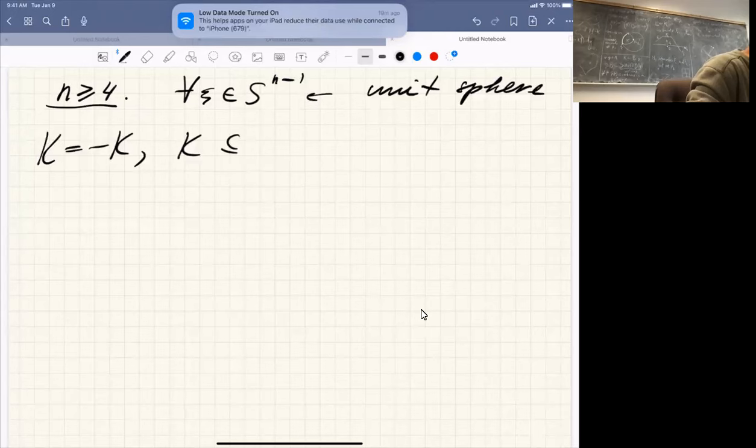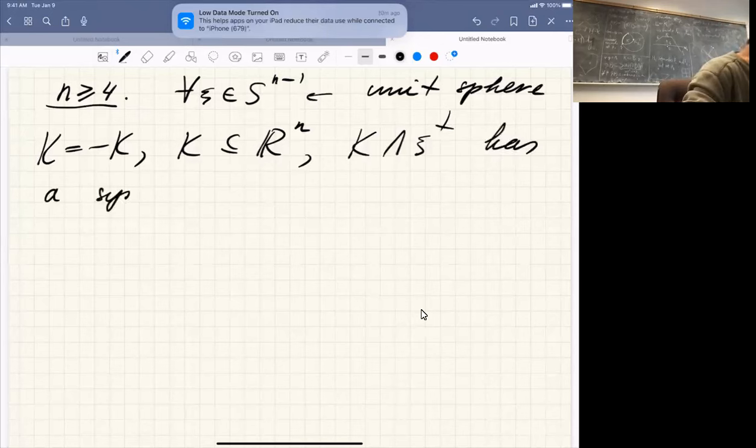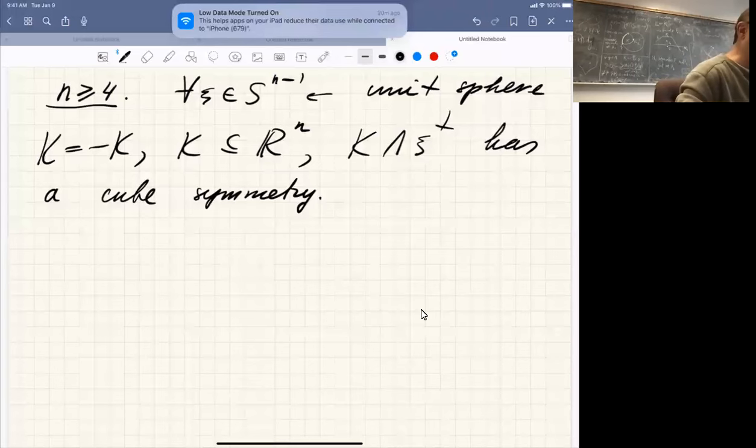Please think about the 4-dimensional case now. I know that for any xi, K intersection xi perp has a cube symmetry. What does it mean?